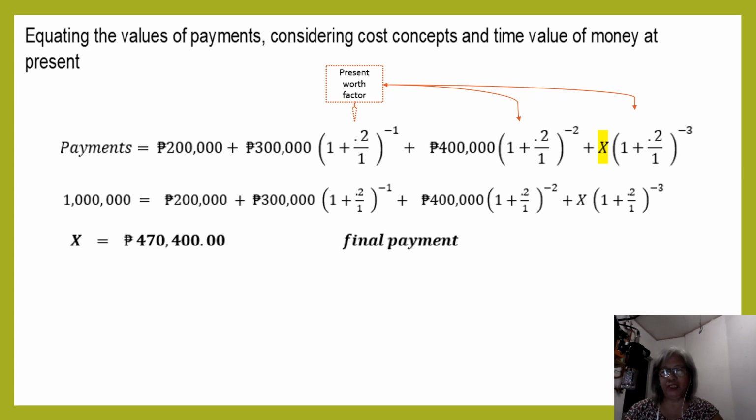The final payment, 470,000, should be the final amount that the buyer should pay the seller, considering cost concepts and time value of money at year 0, the present worth of money at 20% compounded annually.